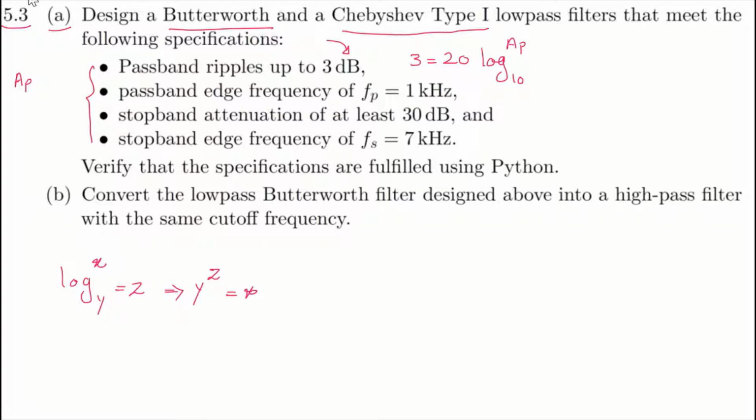So I can do the same here. I can write this as log of AP to the base of 10 equals 3 over 20, and that means AP equals 10 to the power of 3 over 20.